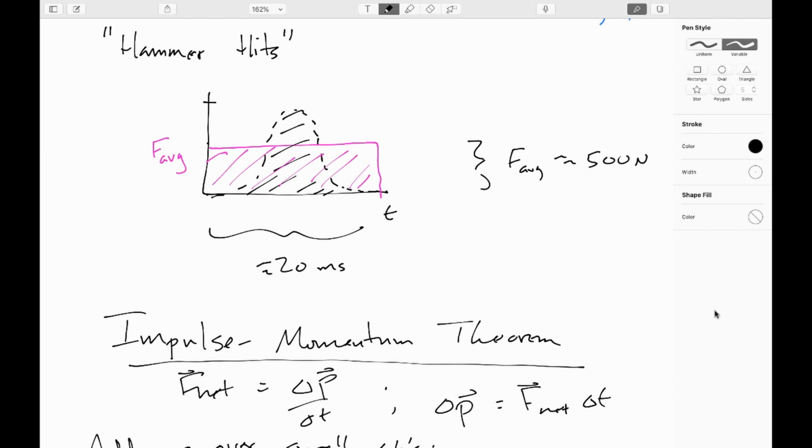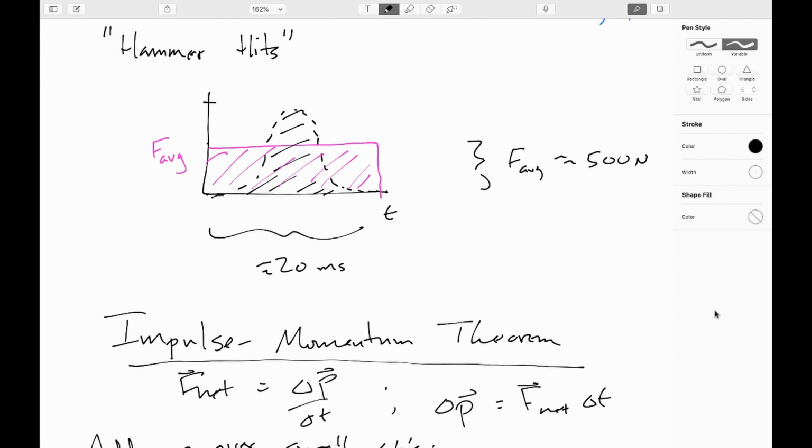The impulse is still the same because you're going from 60 to 0. The change in momentum is the same, therefore the impulse is the same, so that area under the curve is the same. But by making the collision last about 100 times longer, it reduces the average force by a factor of 100.